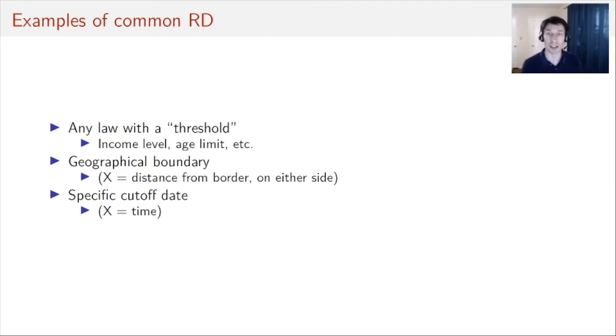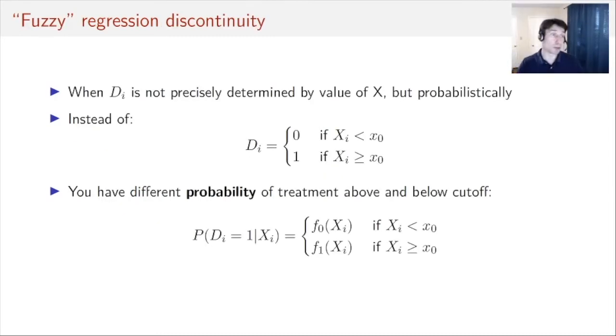And then, of course, you focus on observations right before the cutoff date to observations right on the other side of that cutoff date. You should also be aware of what people often call fuzzy regression discontinuity. Fuzzy discontinuity is similar to just strict regression discontinuity, or sharp regression discontinuity. It's simply that in this case, D is not precisely determined by x. It's just probabilistically determined by x.